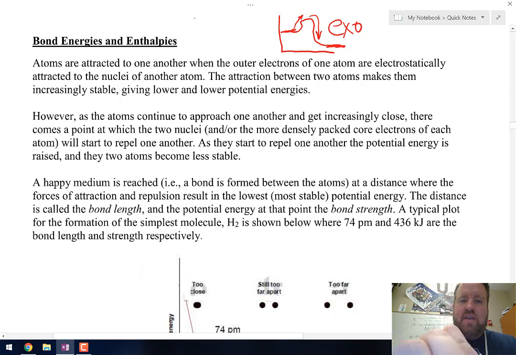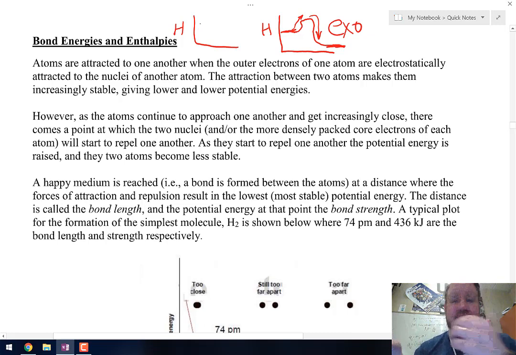Now if it's endothermic, let's think about it the same way. If this is enthalpy over here, just like here, in the past we oftentimes said that was energy. Well, now we can be a little bit more specific now that we've learned about enthalpy. An endothermic process might start like this and then go like that, where again this is the enthalpy of the reactants, this is the enthalpy of the products.